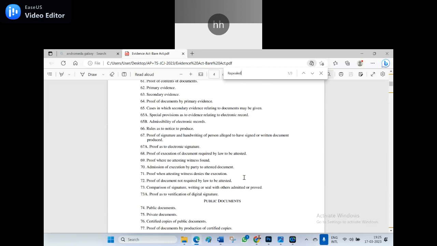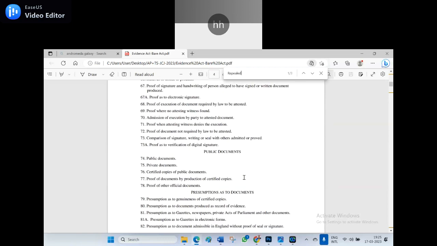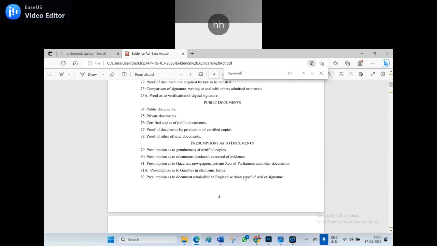So in that way I made several questions. Of course, here I did not make them, because what the 77 says, what the 75 private document, what the 74 public document, because there is a probability they will ask you. 74, match the following. 75, match the following. 76 or 77 are presumptions.